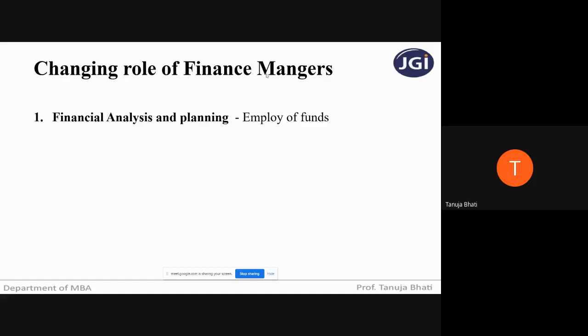Apart from just procuring the funds and utilizing them, what are the different areas he is looking into in modern financial management? So let us understand that.